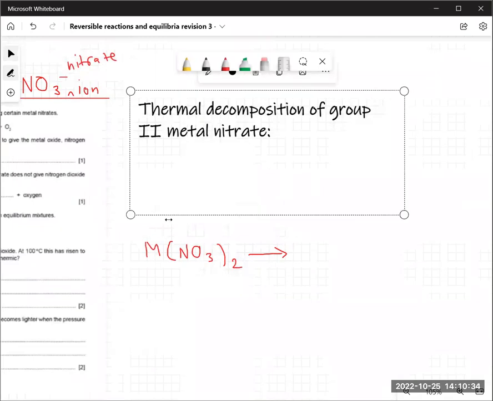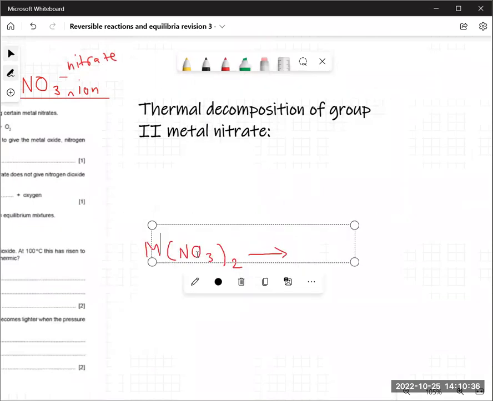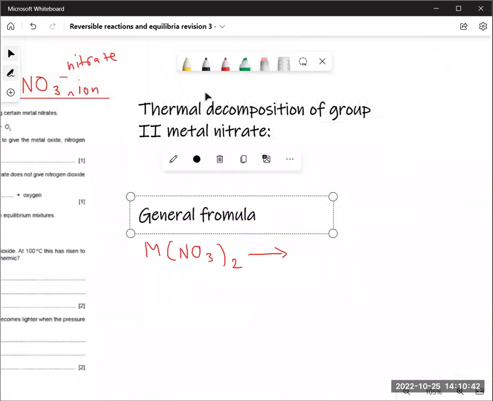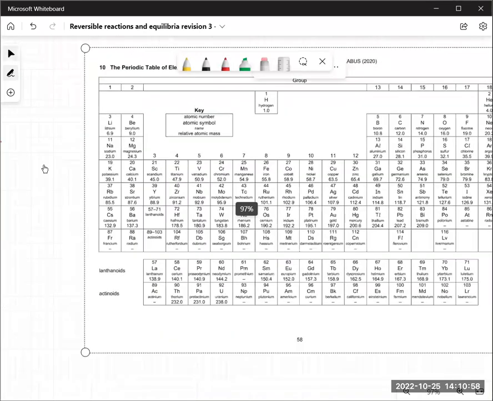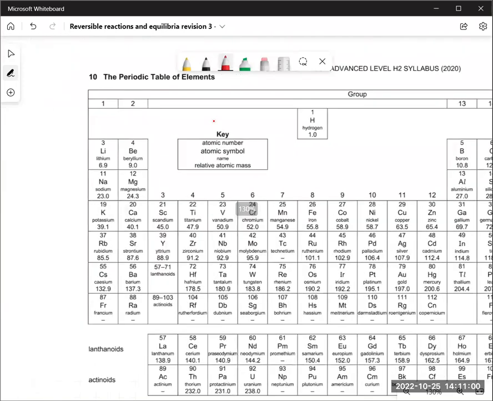The general formula is given right here. What is M? M is any metal. We'll have to look at group 2 first. I'll show you the periodic table. Can you see it?